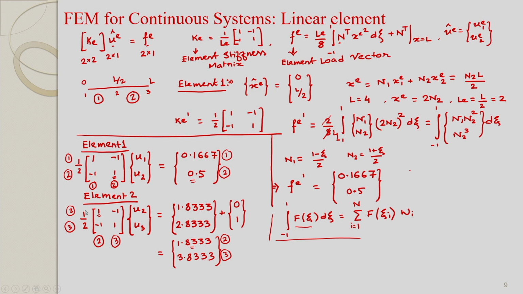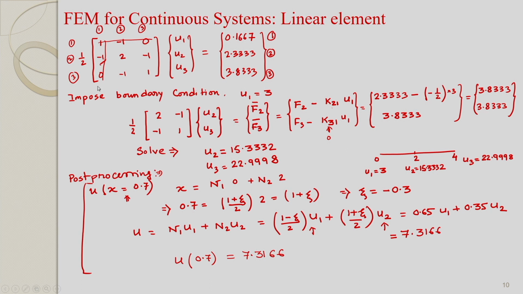After that, we give the global degree of freedom numbers, then we assemble. After assembly, this non-zero essential boundary condition is imposed in the usual framework. Because it is non-zero, our load vector got changed, and finally we solve this equation to get nodal values of u1, u2 and u3.